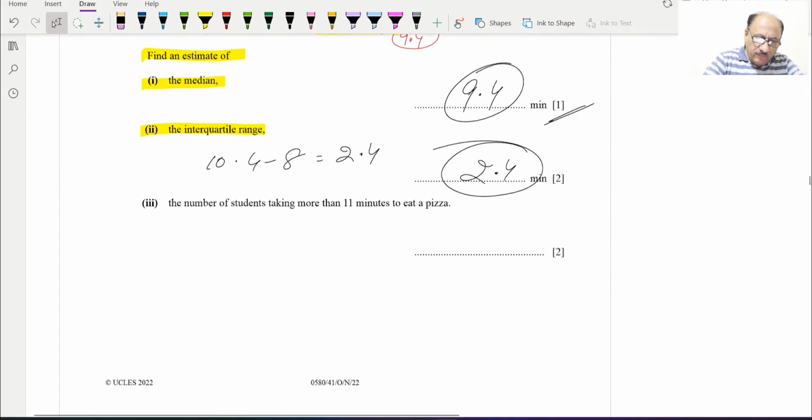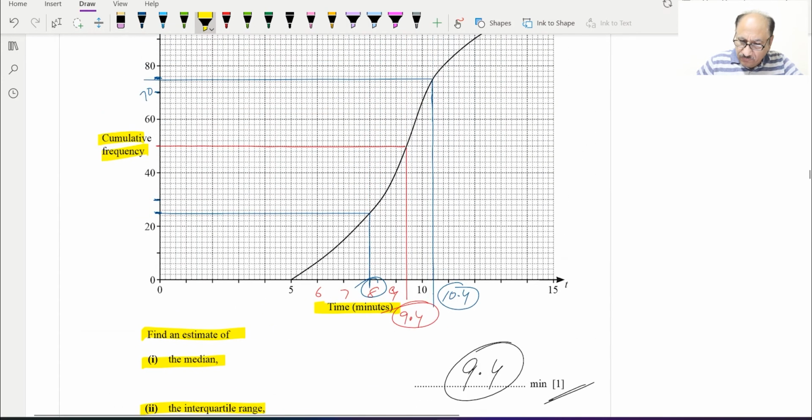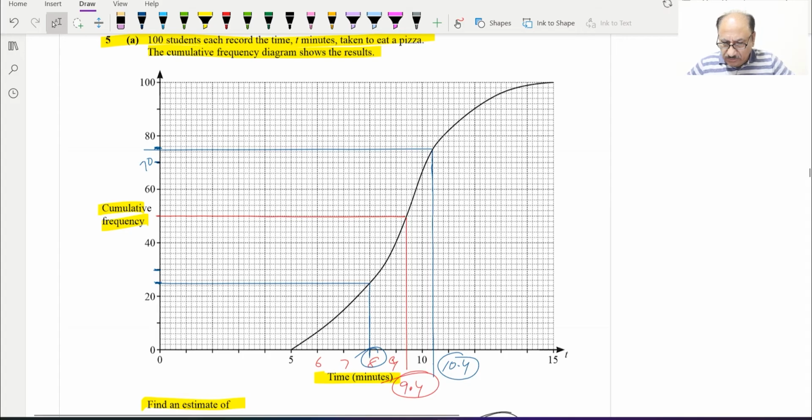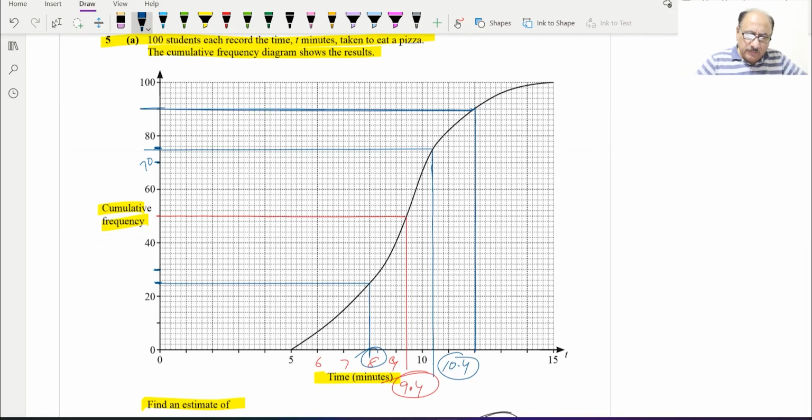Then they're asking for the number of students taking more than 11 minutes to eat pizza. We can check the reference for 11 over here. If I draw properly again, this will be the reference, and this is 90.